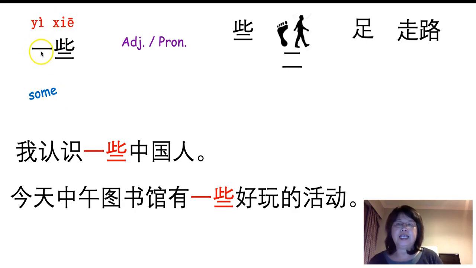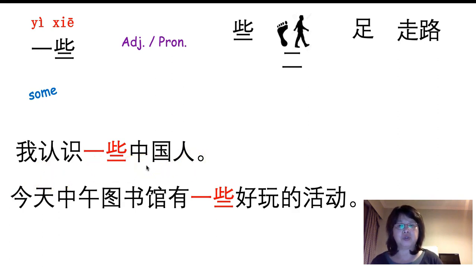So here, 一 is not pronounced as yī because the character after it is pronounced as the first tone, 些. So when 一 goes with the first tone, you have to pronounce it yì, drop the tone down. 一些。比如说，我认识一些中国人。I know some Chinese people.